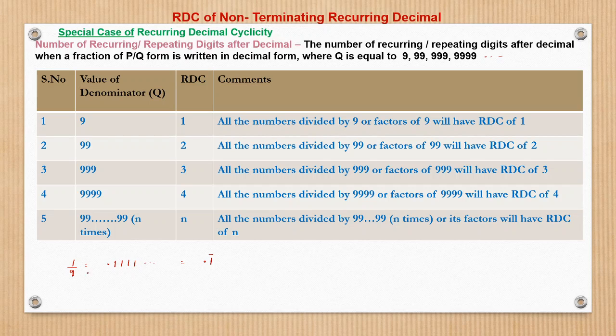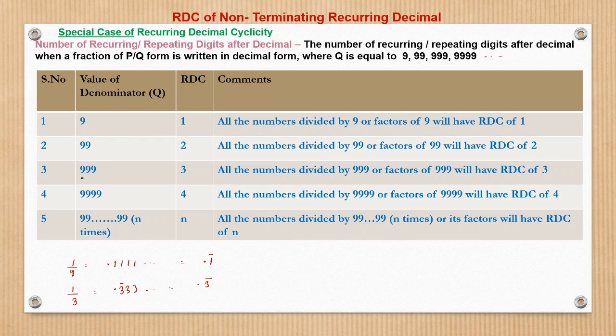So now from here we can further deduce it's not only 1 by 9 for which RDC will be 1, even for the factors of 9. So what are the factors of 9? 3 also is a factor of 9. So here also the RDC would be 1, and we see that it is nothing but 0.3 bar. So only one digit is repeating, which is 3. So that way, when the denominator has 99, RDC will be 2.